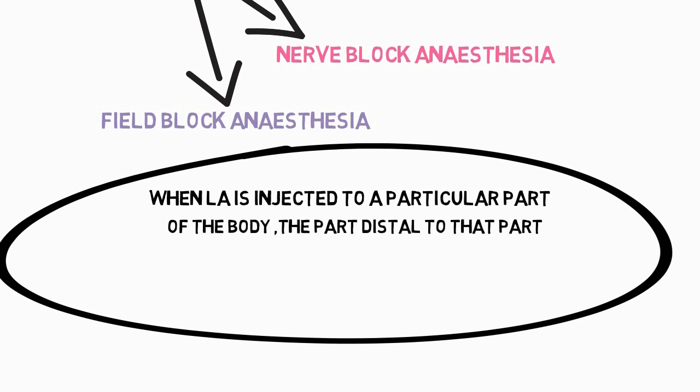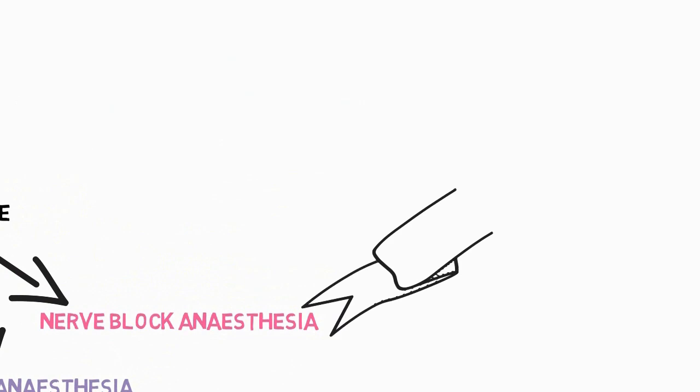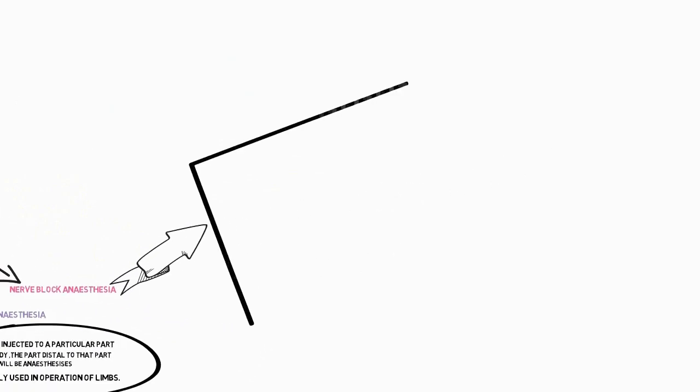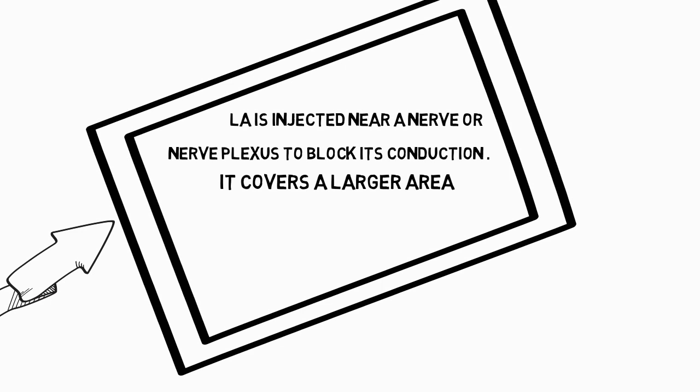The part distal to that will be anesthetized. Uses: mainly used in operations of the limbs. Nerve block anesthesia. Local anesthetic is injected near a nerve or nerve plexus to block its conduction. It covers a larger area. Most of the anesthetics are used to achieve this.